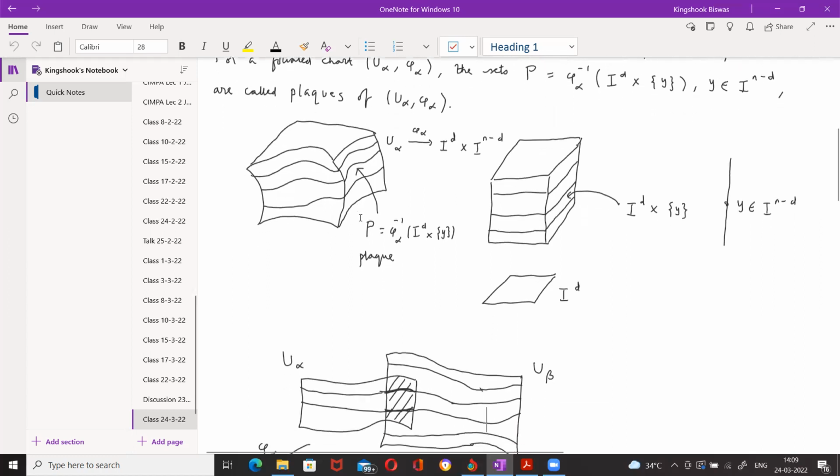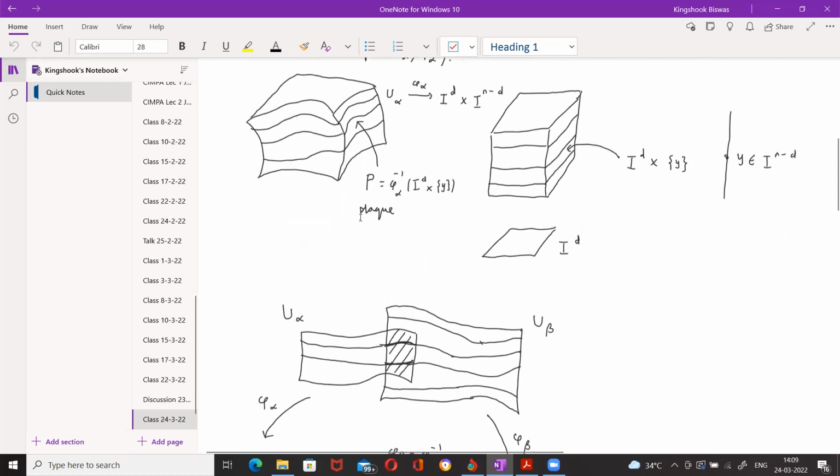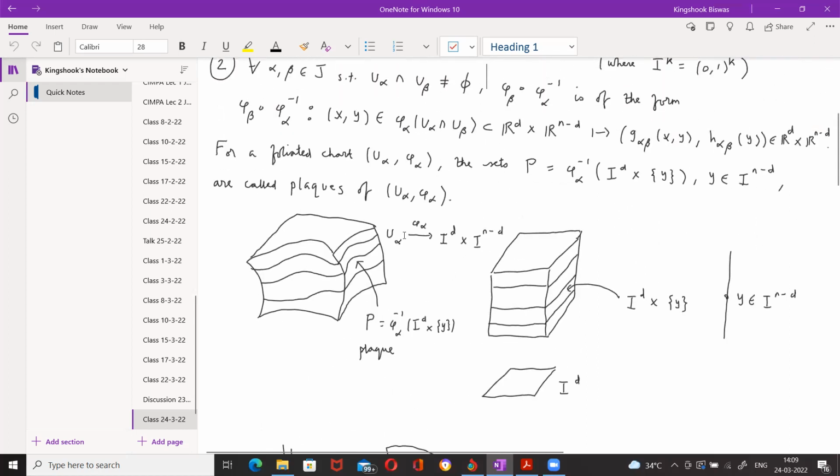And now, what does it mean that the change of charts is of the form g of x, y comma h of y? What it means is that the change of charts will send plaques to plaques. So plaques in one chart will also be plaques in the other chart.